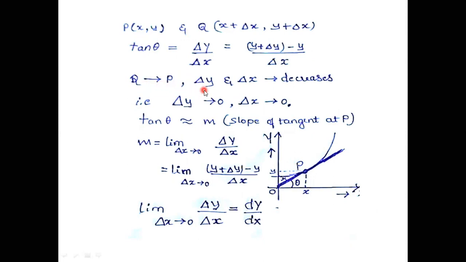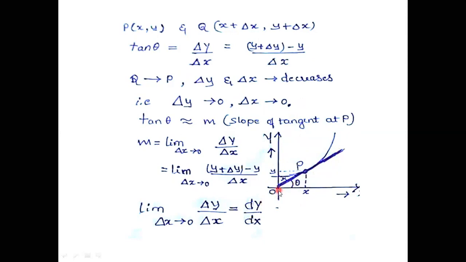The delta y value and the delta x value start to decrease, and finally it reaches the point P. Okay. So here the value never becomes 0, but it approaches 0. So for the single point, this straight line will be a tangent.